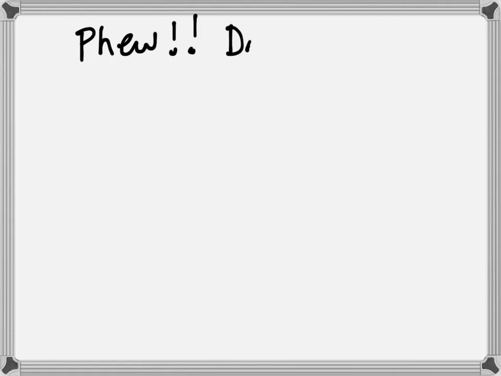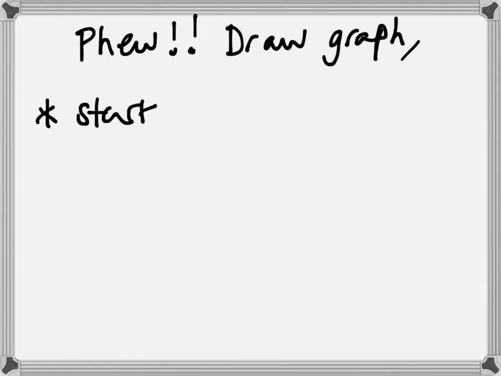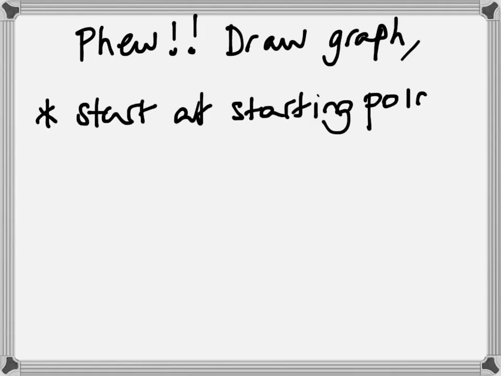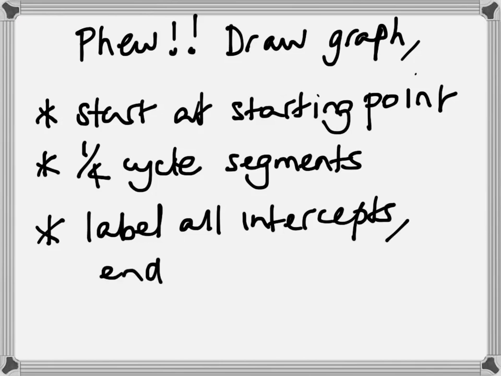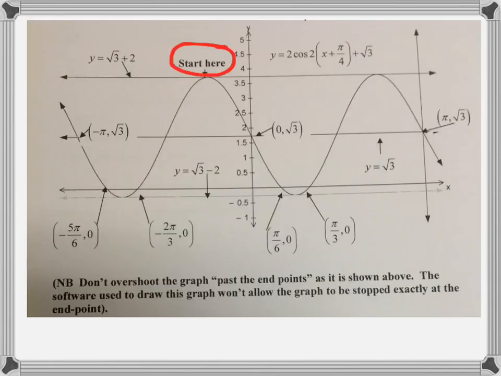I think all that's left for us to do now is to actually do the sketch of the thing. So, there we go, draw the graph, start at the starting point, quarter cycle segments at a time, label all intercepts and end points, and there it is. Now, see that little red circle I've got there? That is the starting point that I identified before.